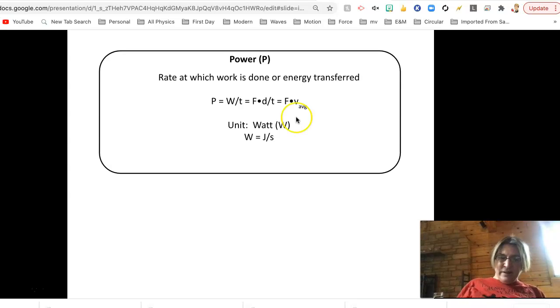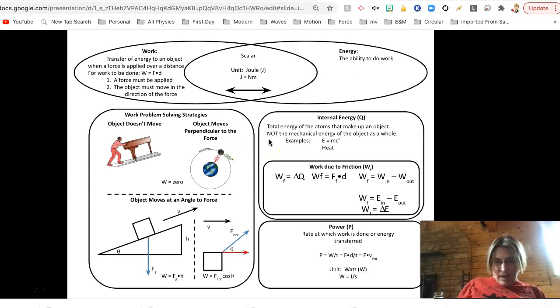Finally, the unit for power is a watt, given by capital W, not to be confused with capital W for work. And a watt is a joule per second. Again, I've got to fix this to say D on it, and I'm going to fix that in a second. But there is your introduction to work. Enjoy.